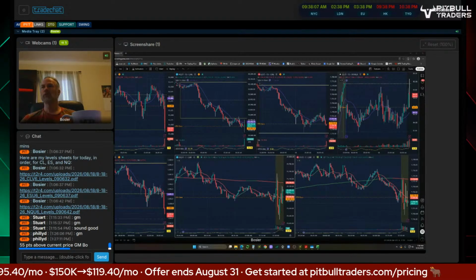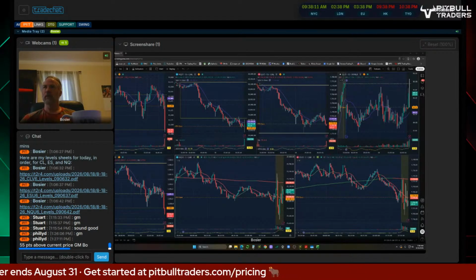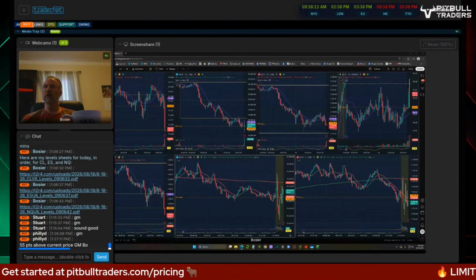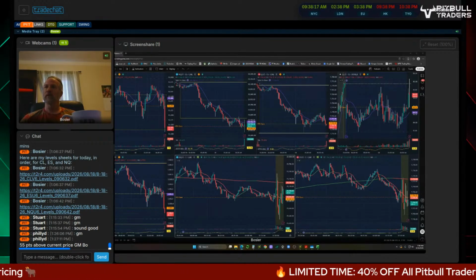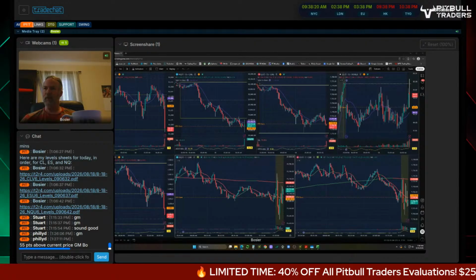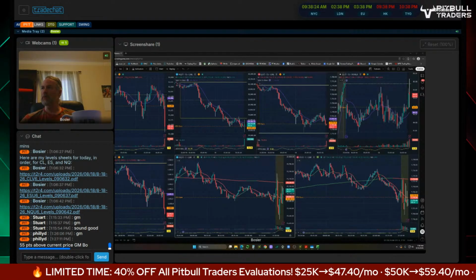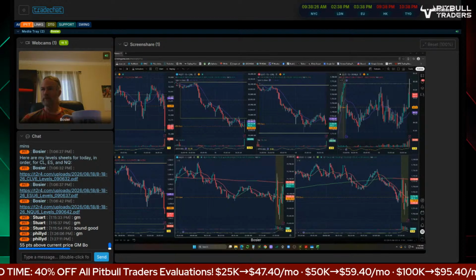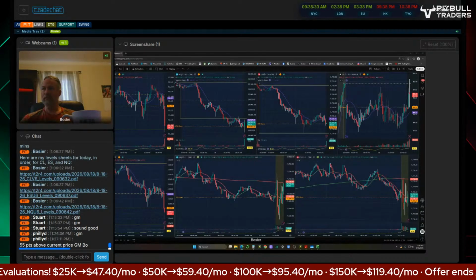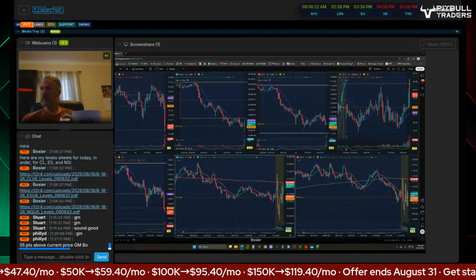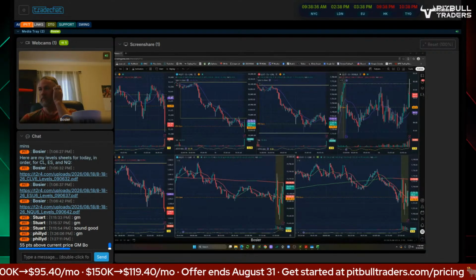So quick glance across the board, advance-declines opened 100 or so, traded up slightly, and are now minus 280. We have another big drop right out of the gate in Meta, down almost 3%. Nvidia, of course, needed to retest some of that thrust that it had.